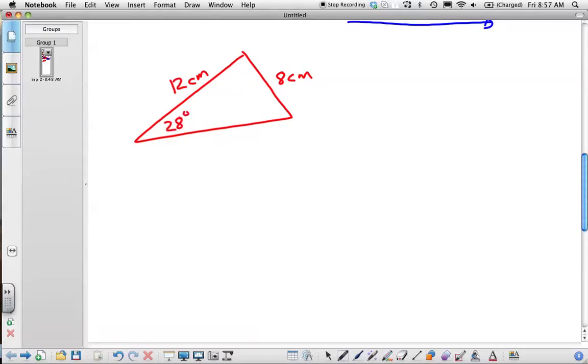Now say I have been given this with no labeling. Well, the first thing that we would want to do is label it. So I could label this A, B, and C with capitals, and obviously this would be b and this would be c, my small letter c.